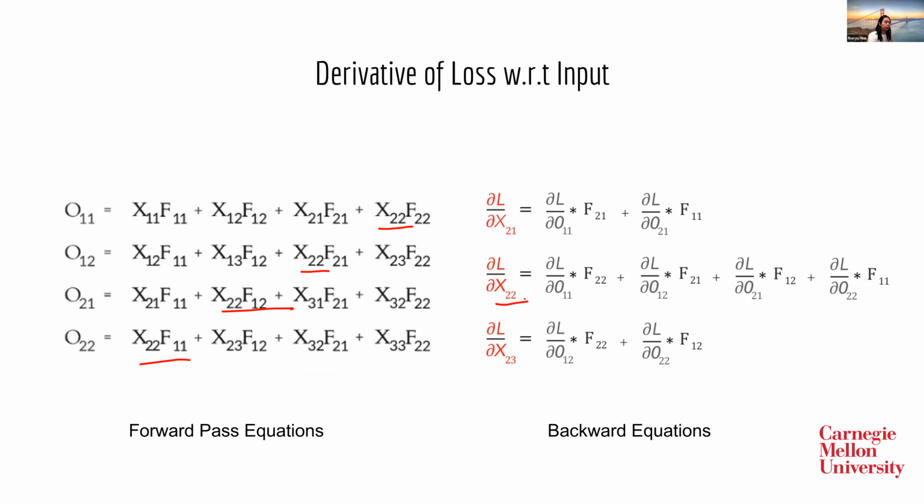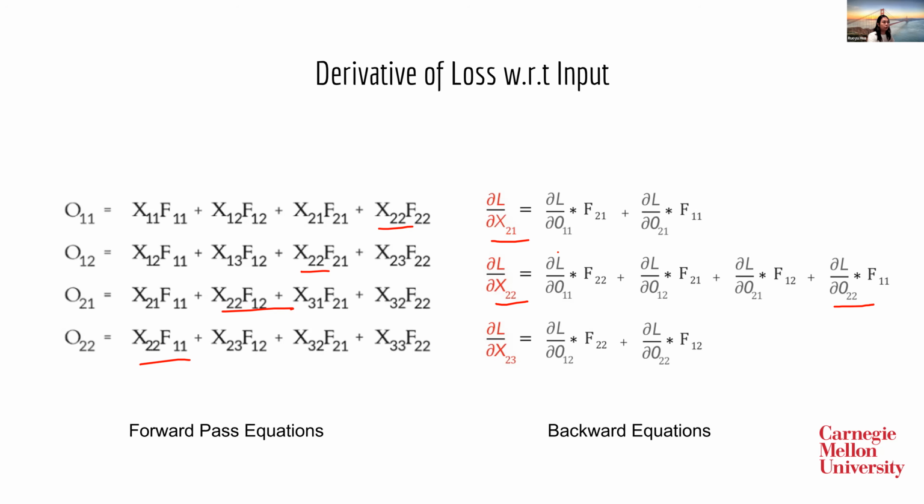So the gradient of this x should be the summation of the gradient that comes from this O22, because this x22 is multiplied by the f11, so you need to use the chain rule here, and that's also the same case for this O21, O12, O11.